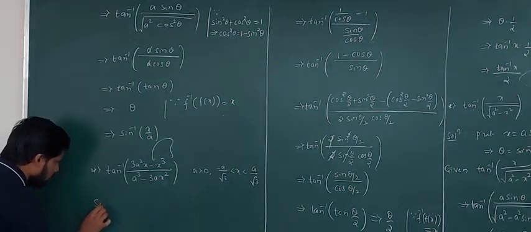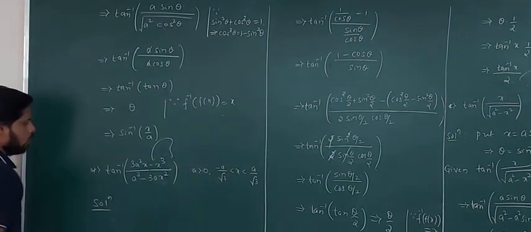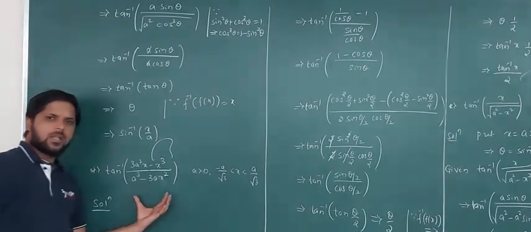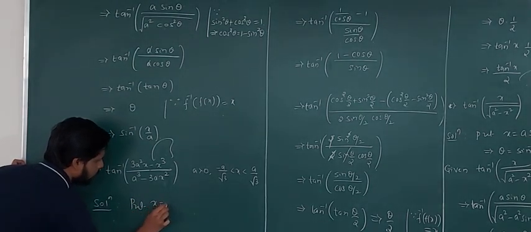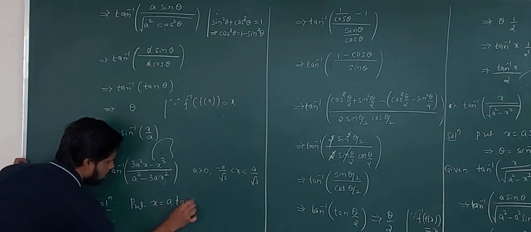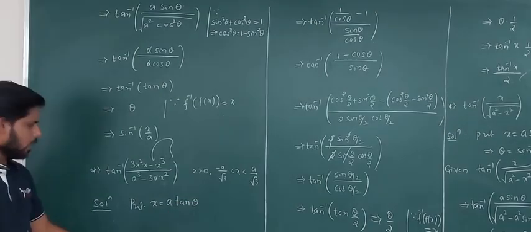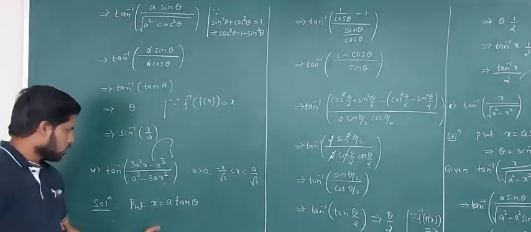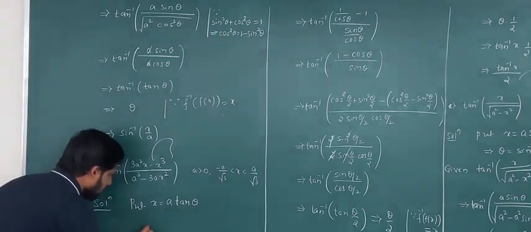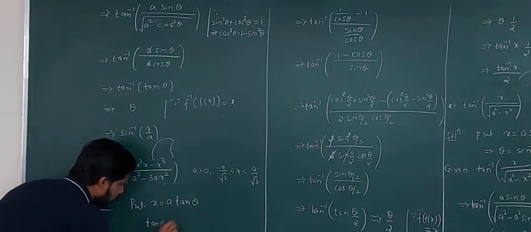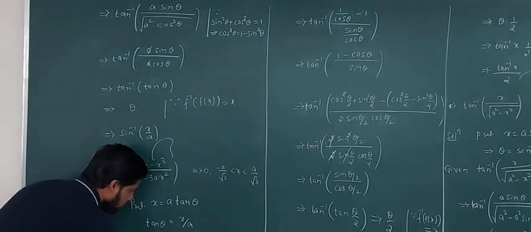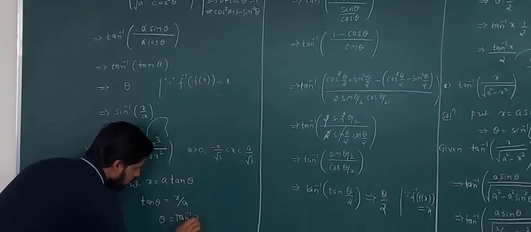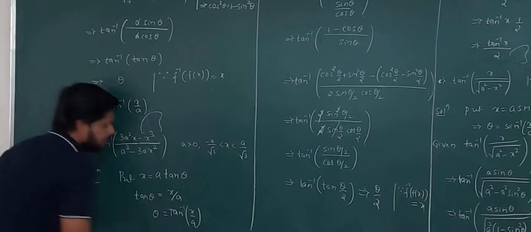For the solution of this example, to get tan theta inside the bracket, I will put x equal to a tan theta, because here the constant is a. So x equal to a tan theta, then tan theta equals x by a, and theta equals tan inverse of x by a.